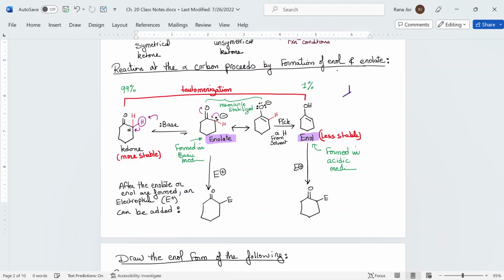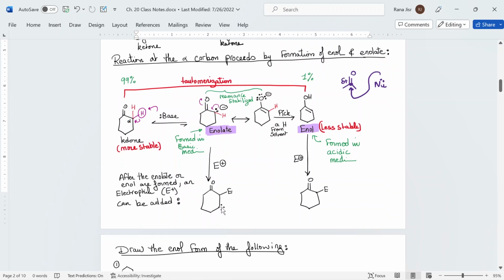Remember earlier when we were talking about the reactions of carbonyls, we used the carbonyl as the electrophile. We reacted with the nucleophile, and the nucleophile attacked the carbon of the carbonyl. Now, here, we are using the enolate as a nucleophile, and that nucleophile is going to attack an electrophile, E positive.